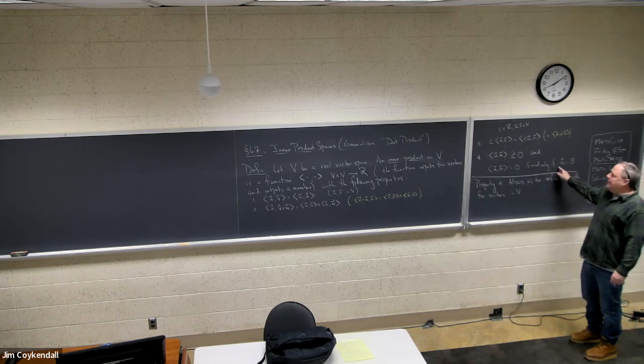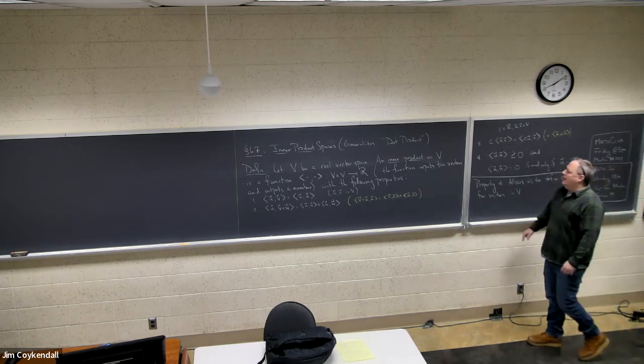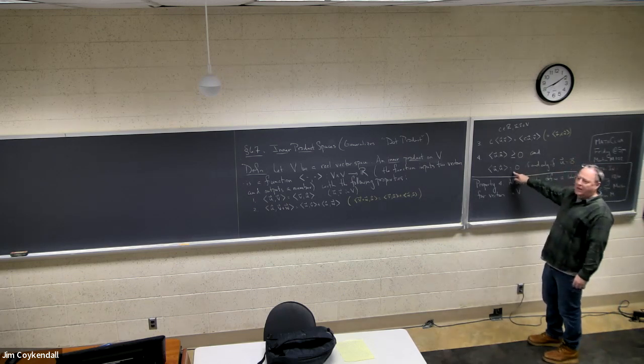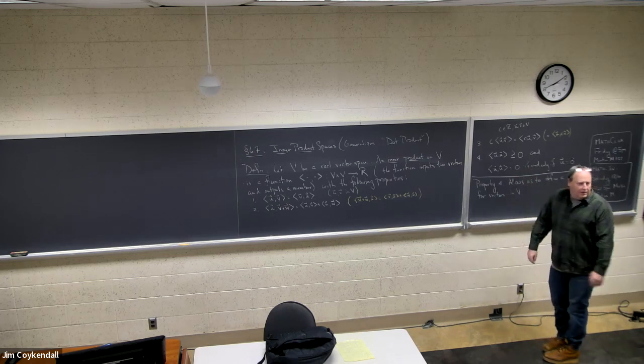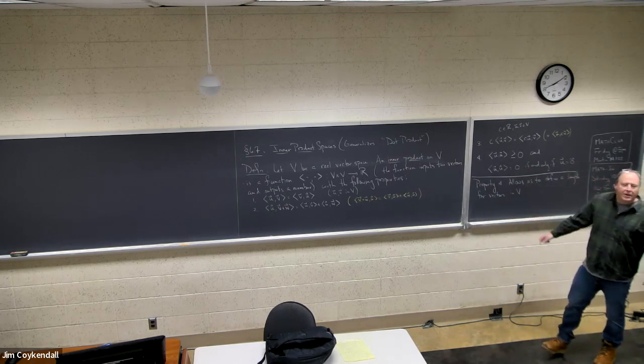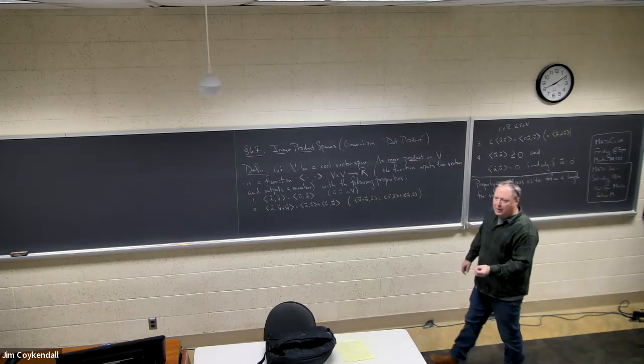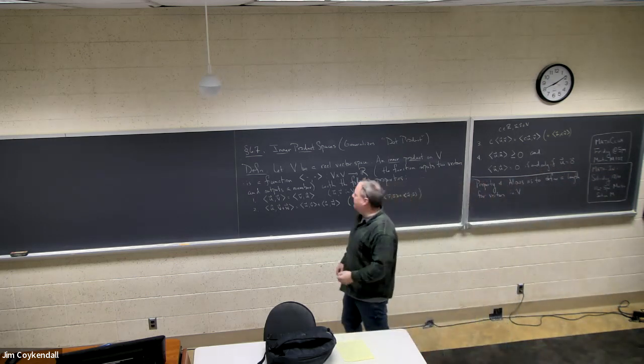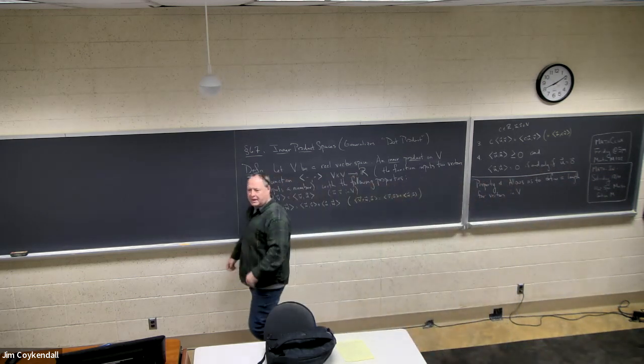Let me point out that my definition here is what an inner product is. And if you have a vector space that has an inner product on it, you call it an inner product space. So if you hear the terminology inner product space, it's just a vector space that happens to be equipped with some kind of inner product.